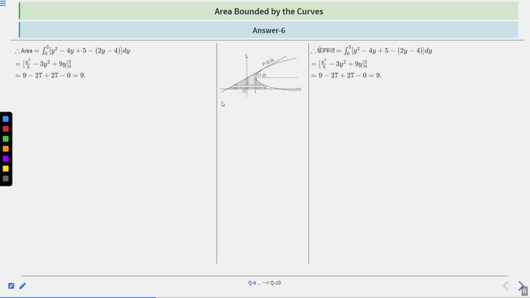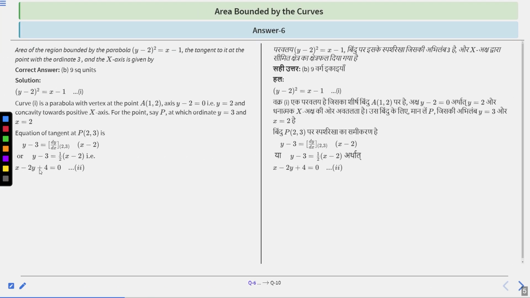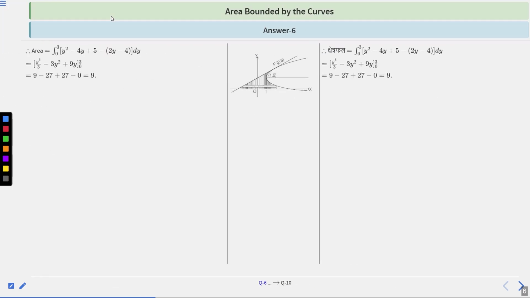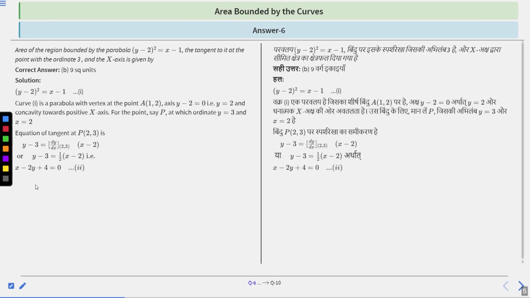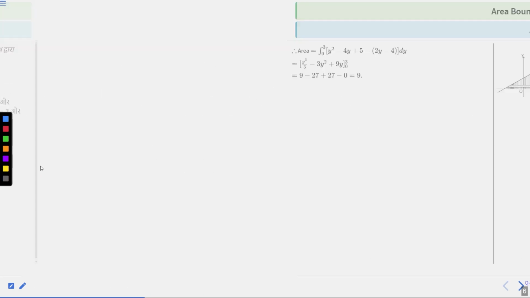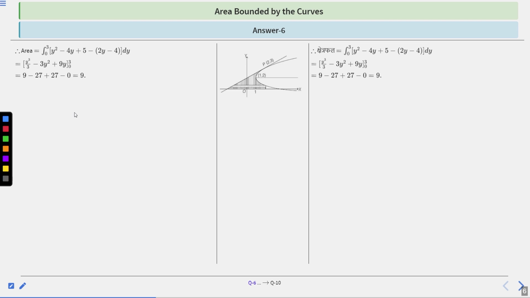Therefore, area will be integration from 0 to 3 of y square minus 4y plus 5, this is the equation of parabola in x in terms of y, minus the tangent's x, which is 2y minus 4, dy. In the simplified form, it is y square minus 6y plus 9.